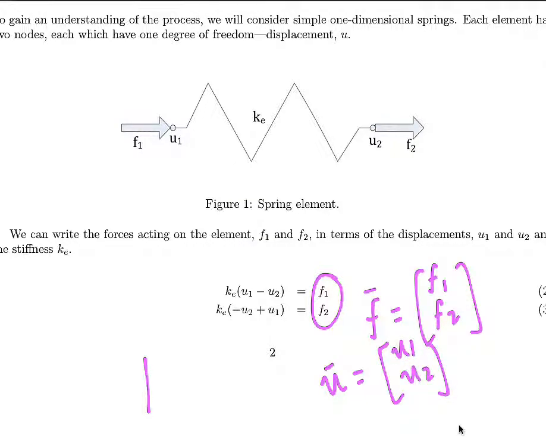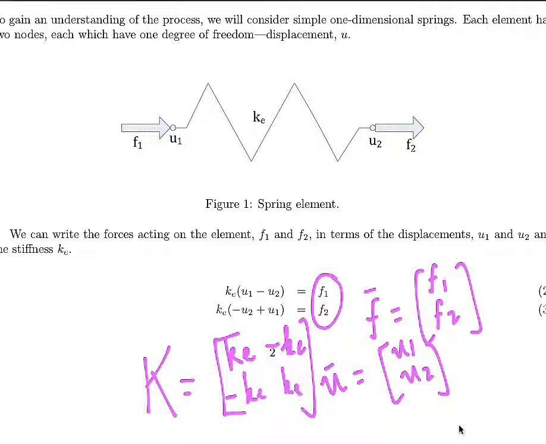And then we can form a matrix K that, when it's multiplied by U, should give us these two equations. So since we have Ke times U1, this has to be positive, and minus U2, then it would be minus Ke. And then for the second equation, we will have minus Ke and Ke. And that's basically a representation of the stiffness matrix.